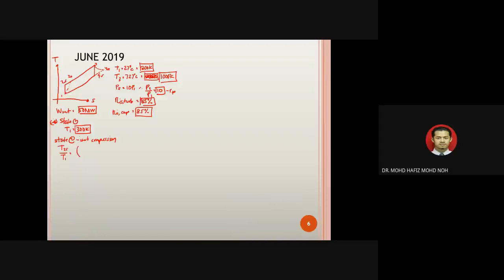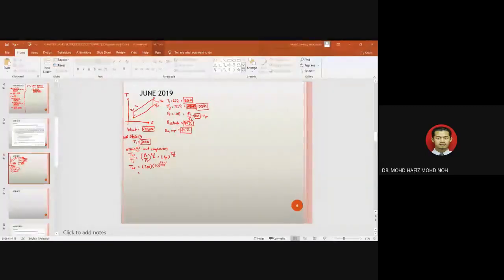T2S equals T1 times P2 over P1 to the power of (k minus 1) divided by k. This is Rp to the power of (k minus 1) over k. So T2S is 300 times 10 to the power of (1.4 minus 1) divided by 1.4.